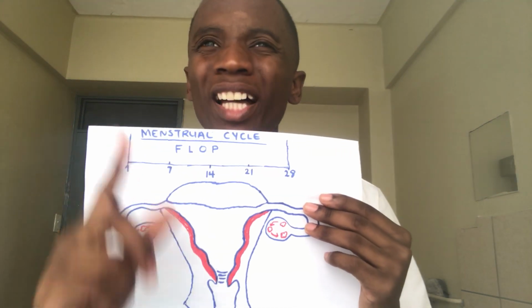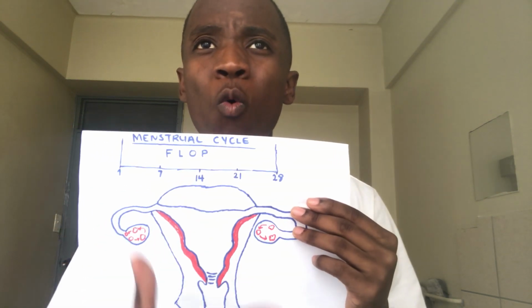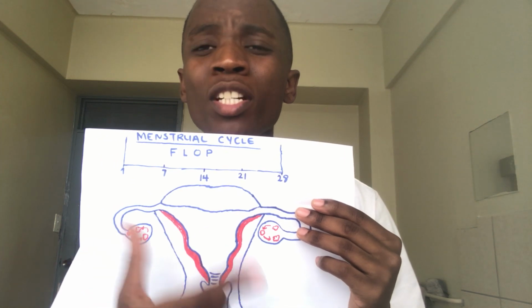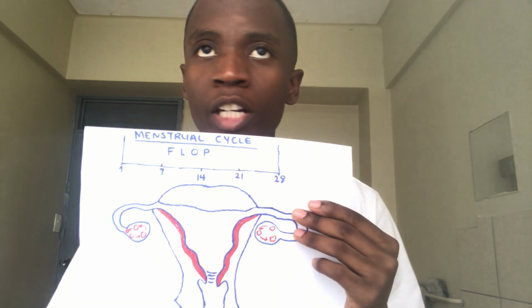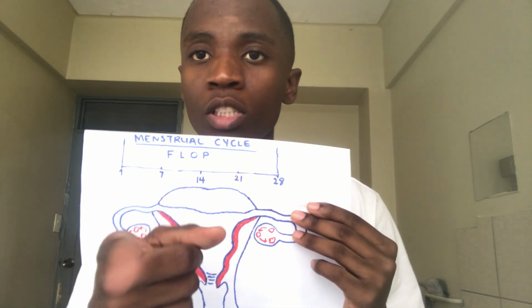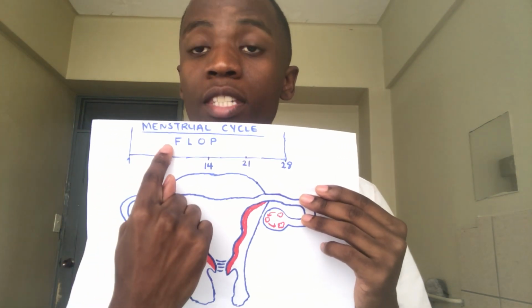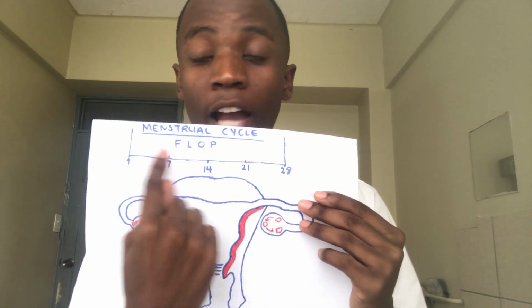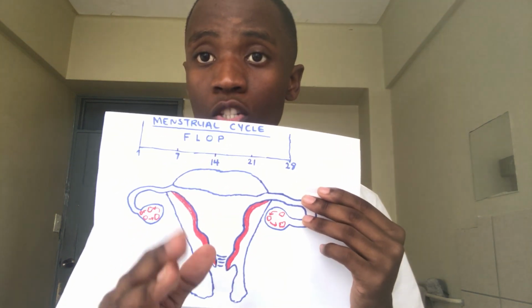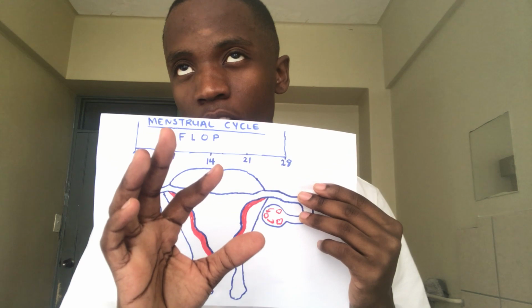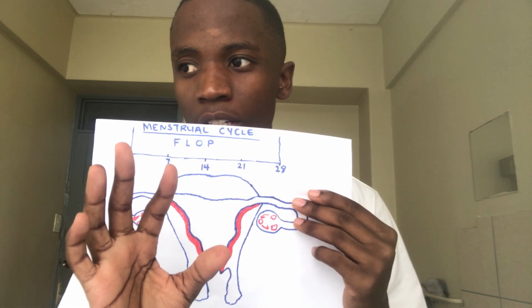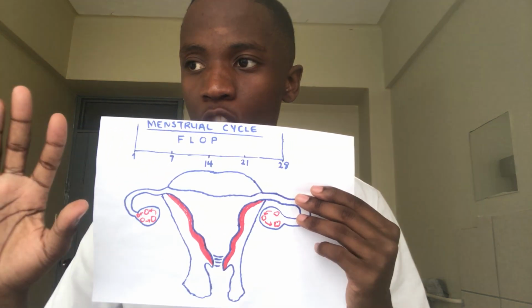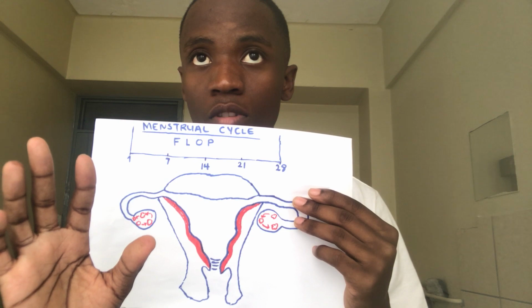The other thing that you have to know about these hormones is where they originate, because they originate in different areas in a female body. So these are the female hormones, guys. Please don't confuse the male and female hormones, because in the male we talk about testosterone and a few other hormones.